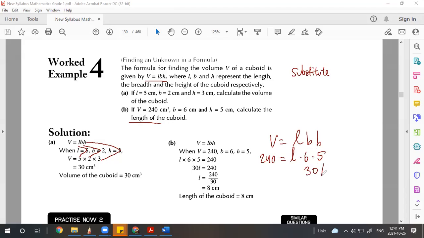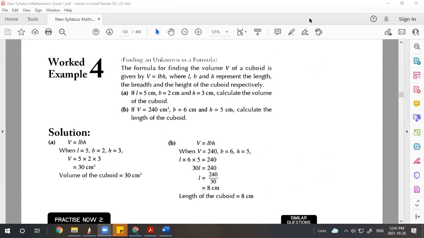So 30 times L is 30L. So next, 30L equals 240. You move the 30 to the other side by dividing by 30. So you will get 8 as length. It's the same, but they put the L on the left side, I put the L on the right side. That's only an inverse, okay?